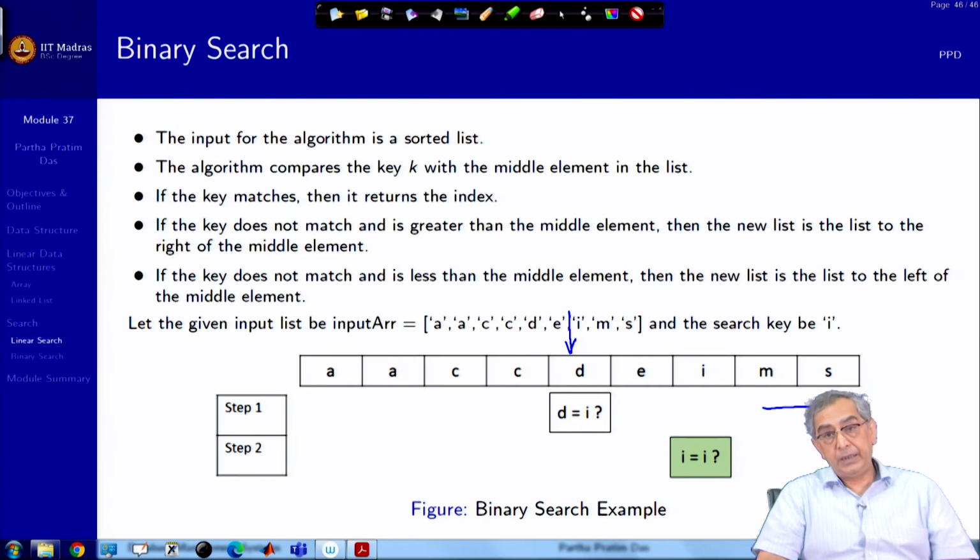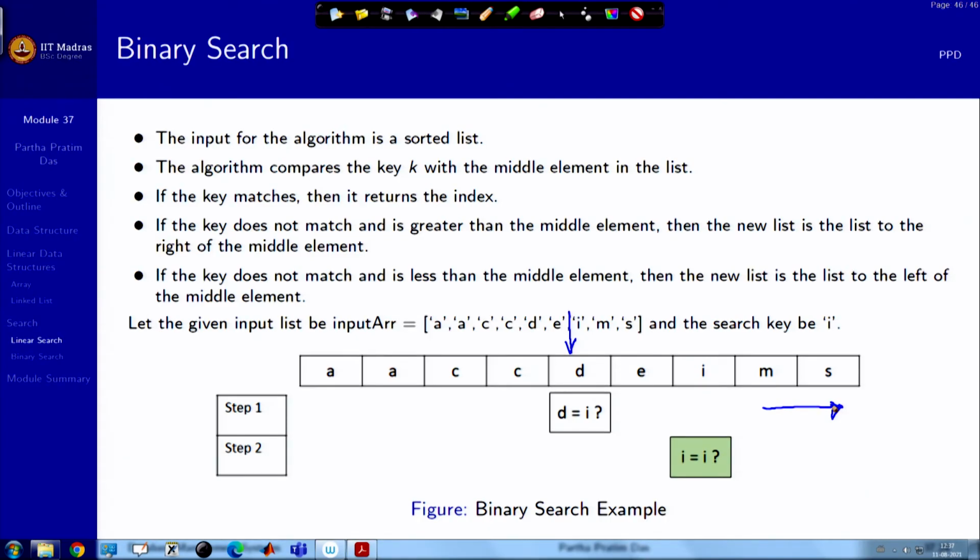You are looking for I. As you compare with the middle element, you see it is D. Since they are increasingly ordered and I is greater than D, it can never happen on the left side. So, you remove the left side from consideration, not physically, and your problem reduces to searching for I in this part of the array, which is half the size.